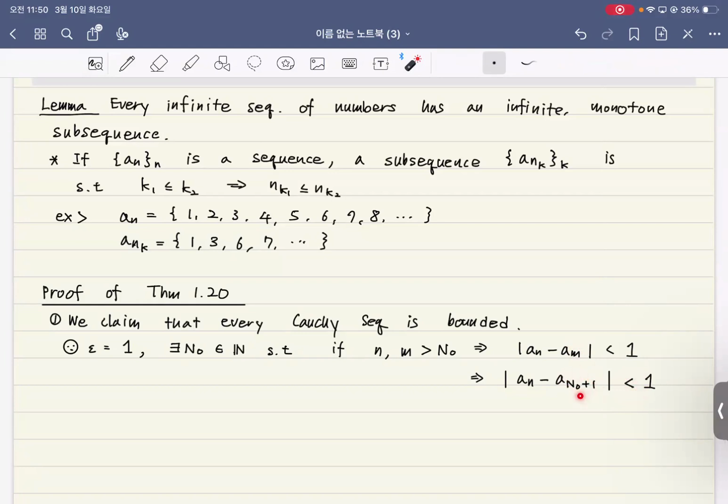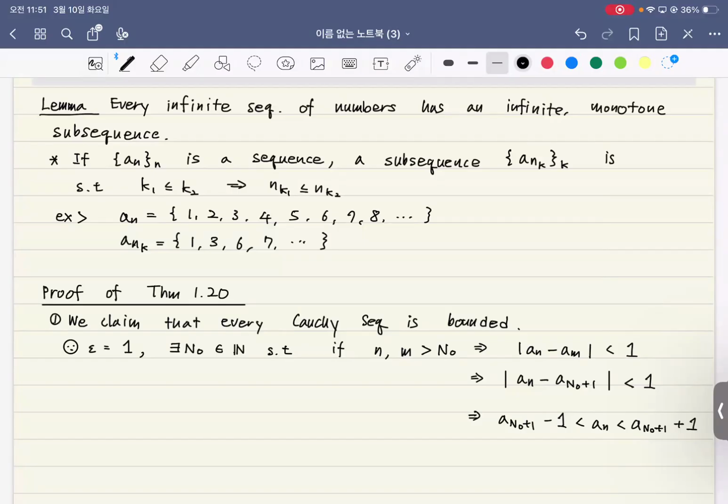Because n0 plus 1 is clearly greater than n0, right? So we have these inequalities. In other words, a(n0+1) minus 1 is less than an, which is less than a(n0+1) plus 1.